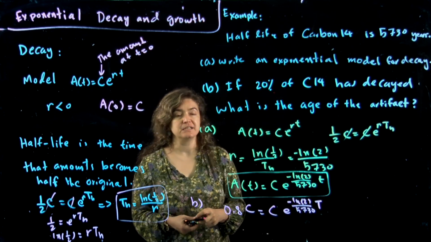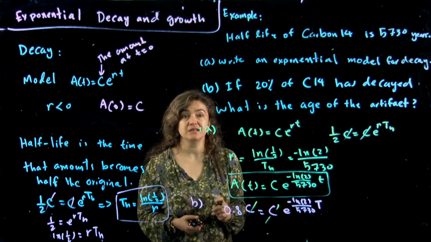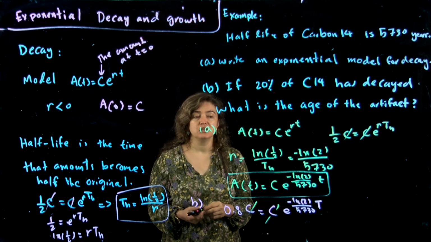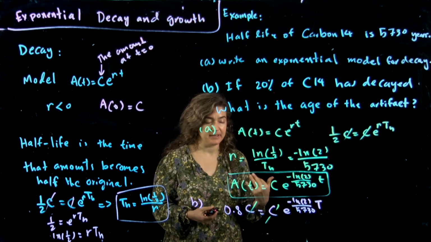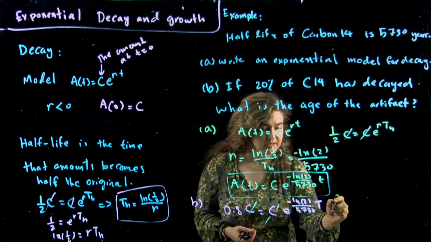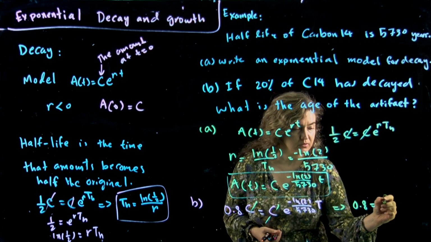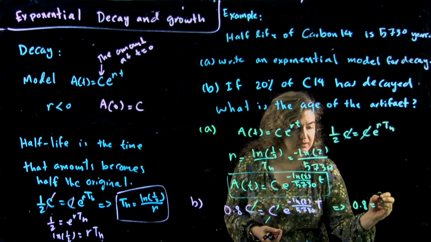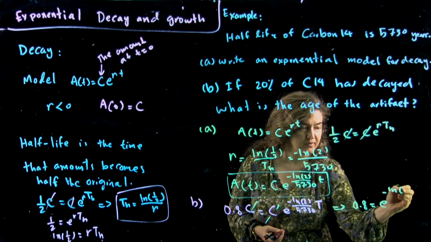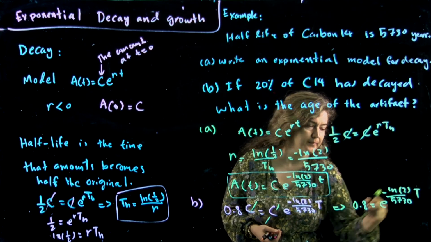And we're trying to find time, so I'm going to put in capital letter T, as in there's a specific time that this is happening. Now, to solve this, the first step is we figured out 0.8 is equal to e to the power negative ln of 2 divided by 5,730 t.